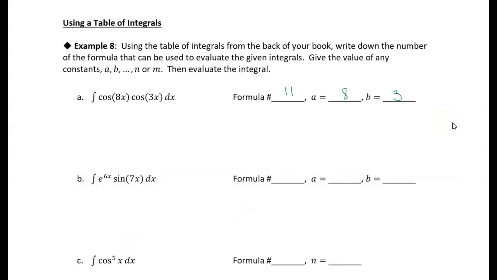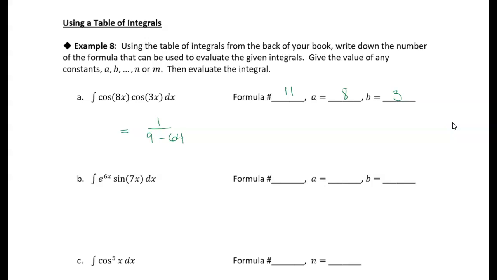So let's do that. All right, now I don't know if I can get both of those things on the screen, but if you have the table of integrals in front of you, you can see where this is coming from. So we have 1 over, I believe it was b squared minus a squared, right? So we have 9, which is because b is 3, and then a is 8, so 64.